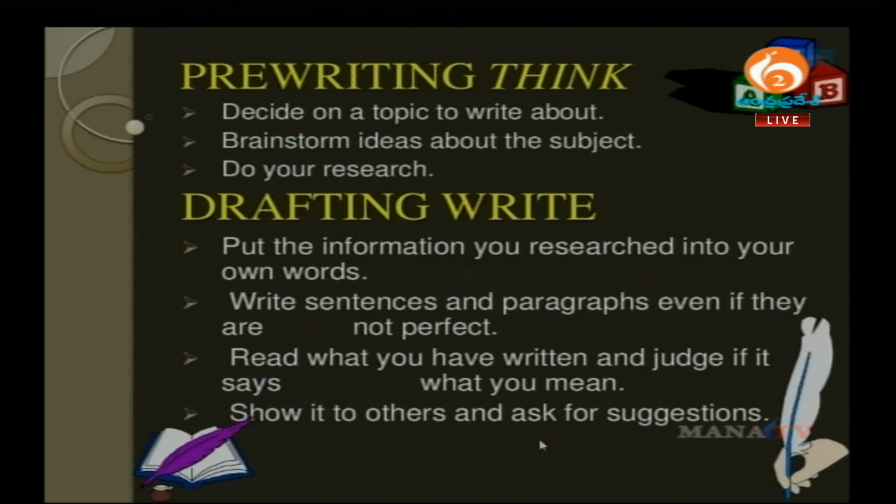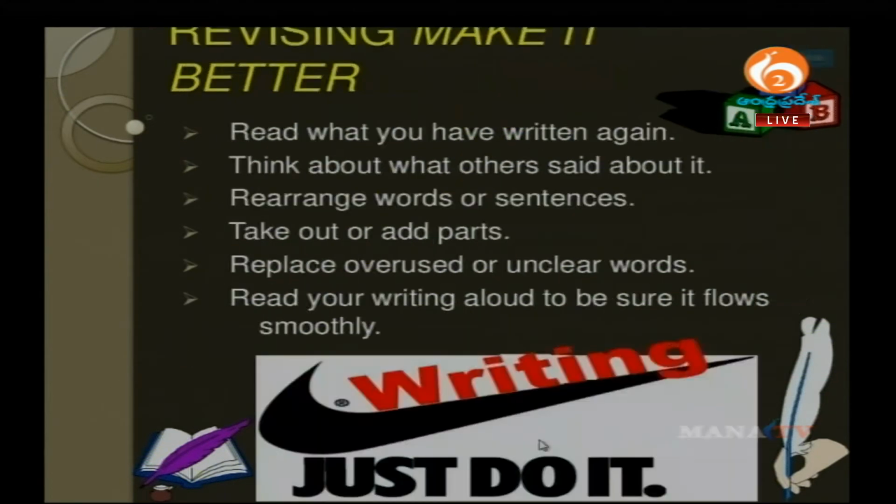Write the sentences and paragraphs even if they are not perfect. Read what you have written and judge if it says what you mean. Show it to others and ask for suggestions. That is your second stage. Third stage, read what you have written again. Think about what others said about it.